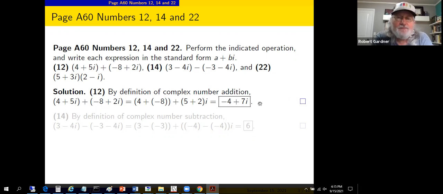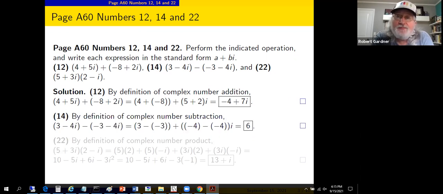Easy enough. Subtraction, similarly easy. Only thing that could go wrong is dropping a negative sign. If we want 3 minus 4i minus the quantity -3 minus 4i, we'll take the difference of the real parts, 3 minus -3. Be careful with the negative signs.